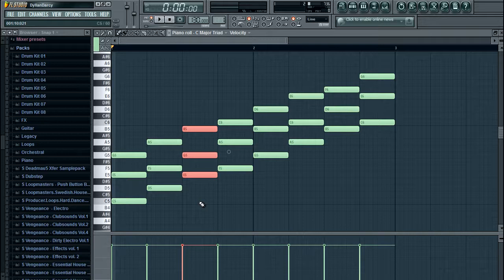A lot of the times people see Roman numerals and they don't know what it is. Well, it's simply the number that the chord is in the triad scale. So if someone says the chord progression they used was 1, 4, 3, it's simply 1, then 4, and then 3. That was the order they used the chords.